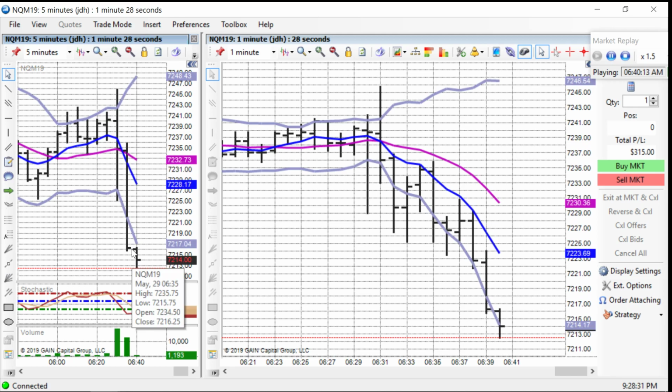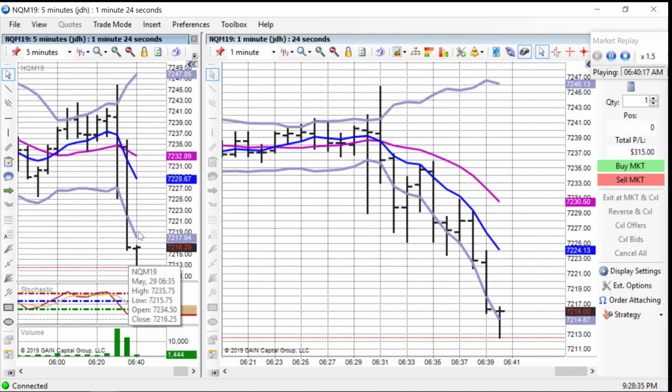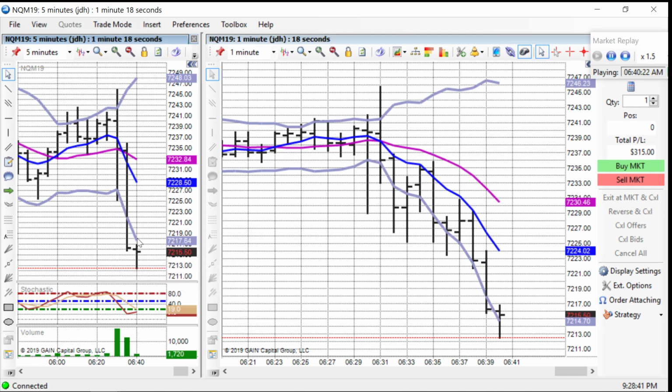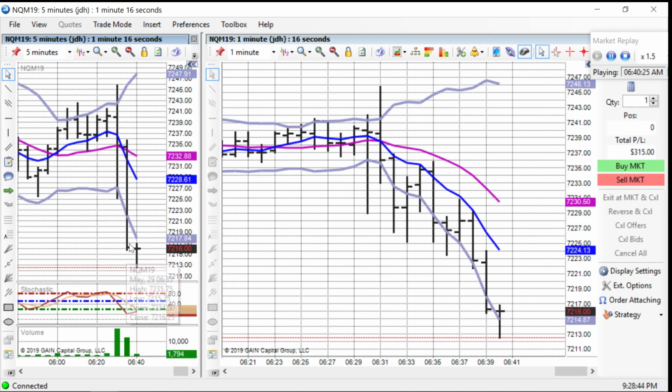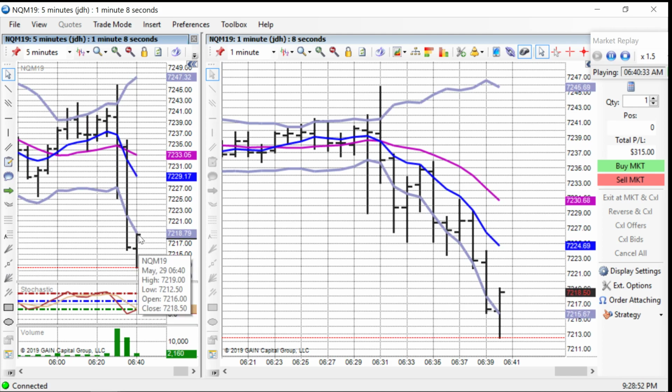What I'm noticing here on the 5-minute chart is, see how it's closed beyond that Bollinger Band? Well, if you get a close outside it or below it like that, and then you're getting a reversal back up through it, that's a really good indication.